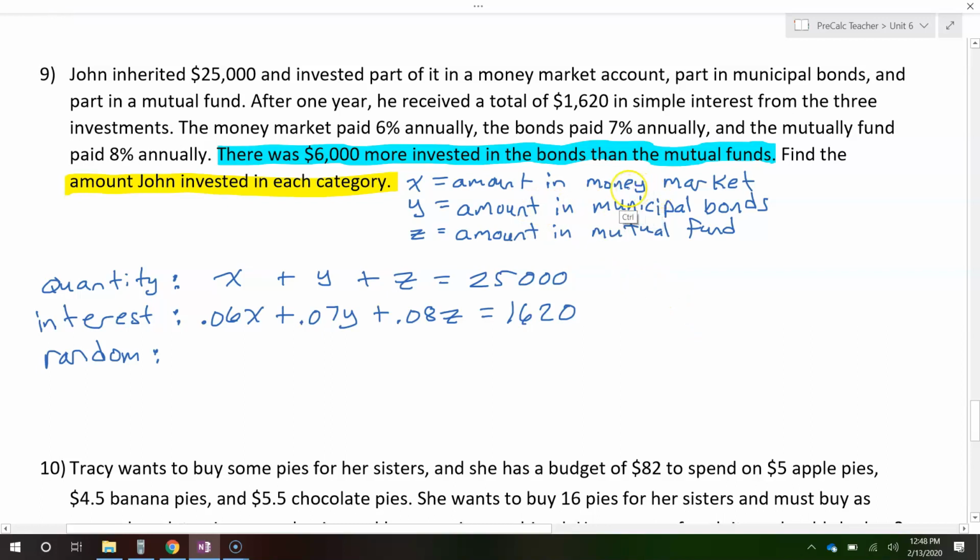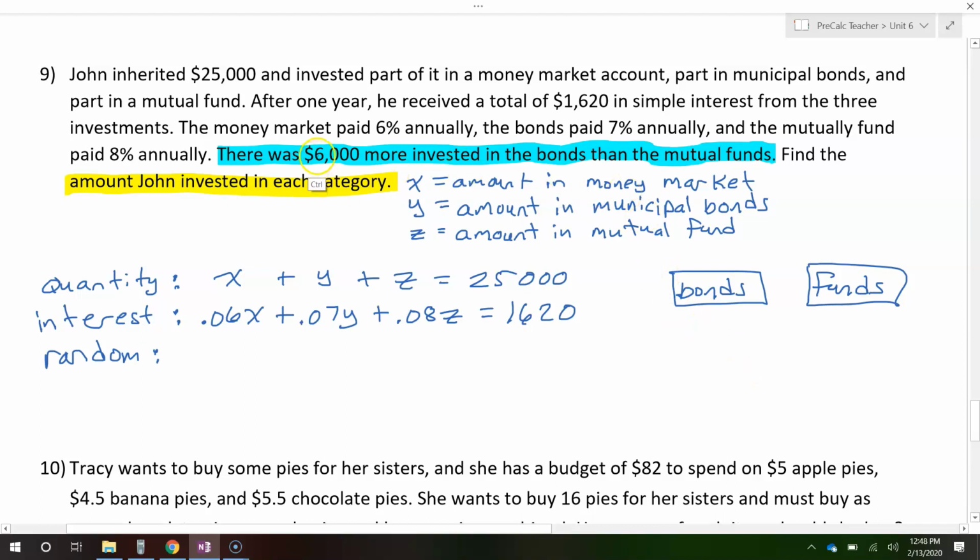Bonds and mutual funds, so we're talking about Y and Z. Which one of these has more money in it?